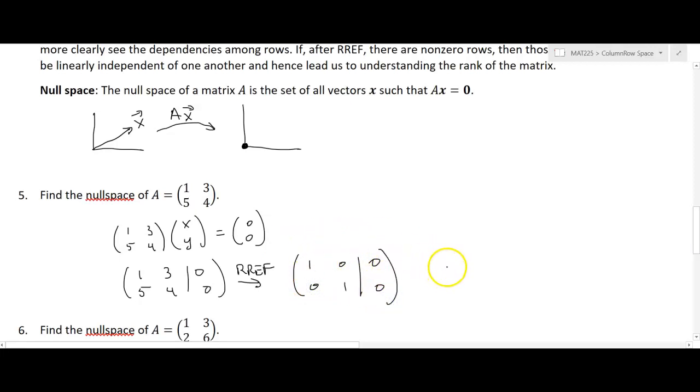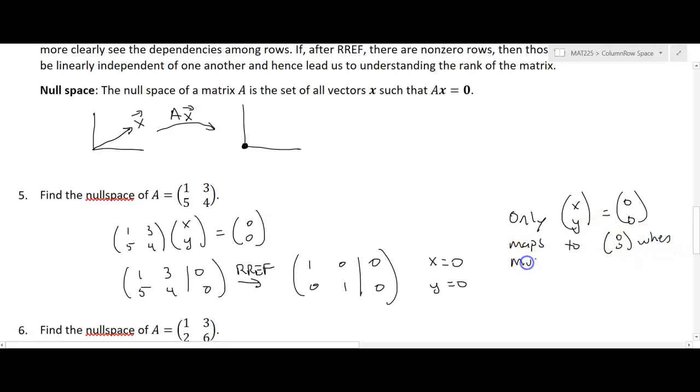And so what this means is that x equals 0, y equals 0. That is the only vector that you can multiply by this matrix A and end up with the 0 vector. Well, that itself is the 0 vector. So only x, y equals 0, 0 maps to 0, 0 when multiplied by A. And that's called the trivial solution.